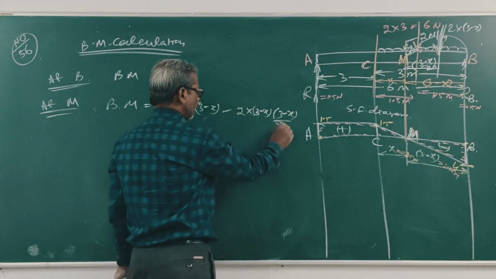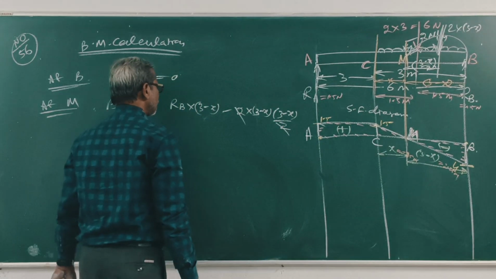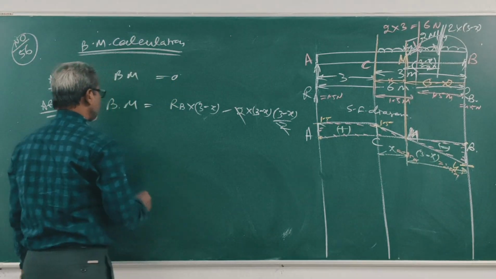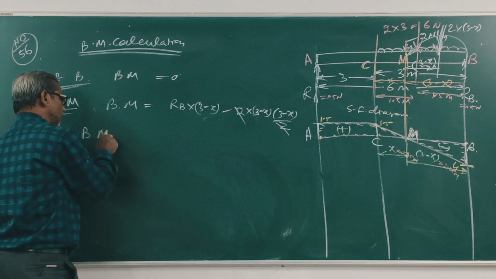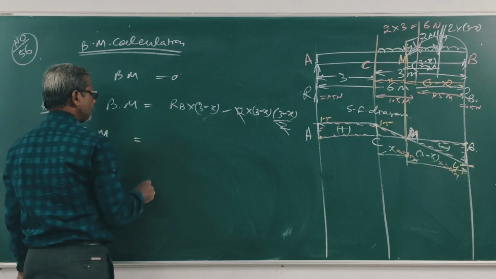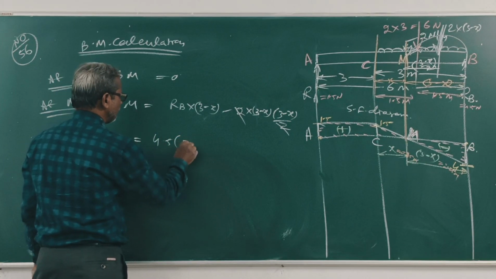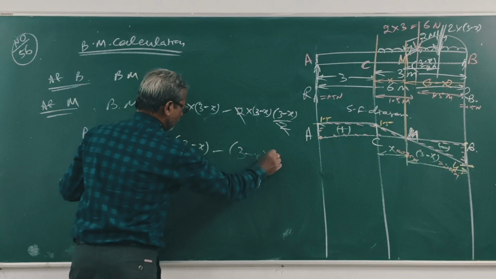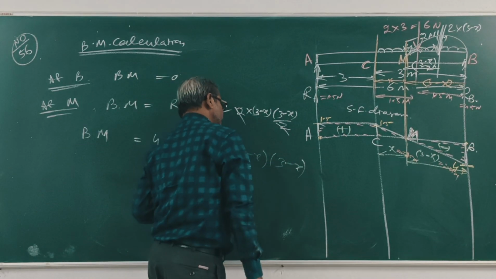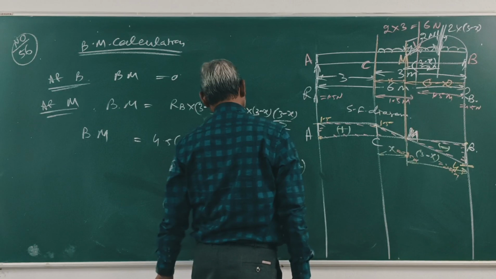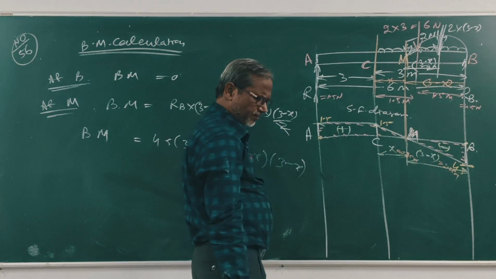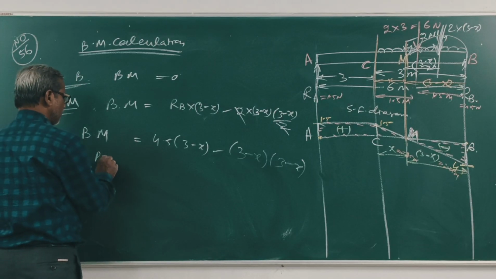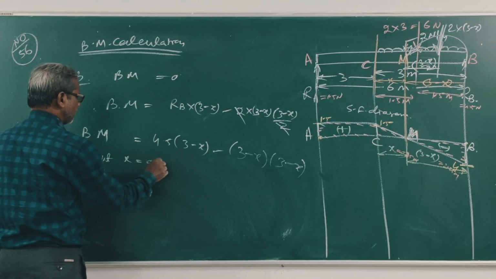Right? 2 cancels out. So what is RB? 4.5. So bending moment at M is equal to 4.5 into 3 minus x minus 3 minus x into 3 minus x. Put the value of x equal to 0.75.